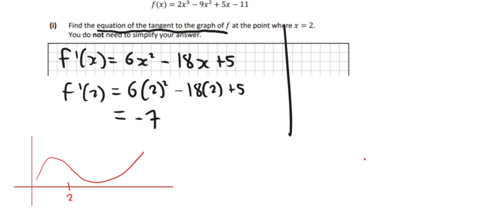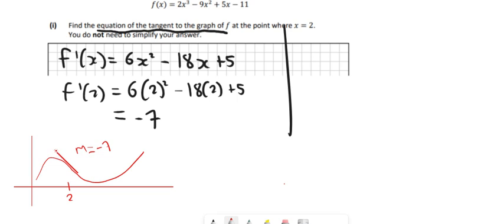If that's the point where it's 2, the tangent is minus 7 where it's 2. So we'll just pretend that it's there. We know that the slope of that tangent, that straight line down, is minus 7.